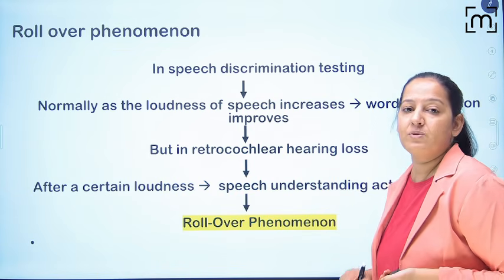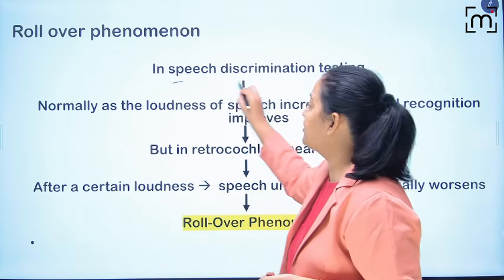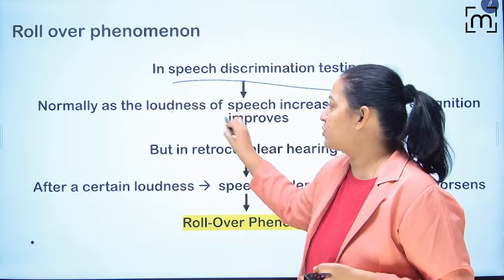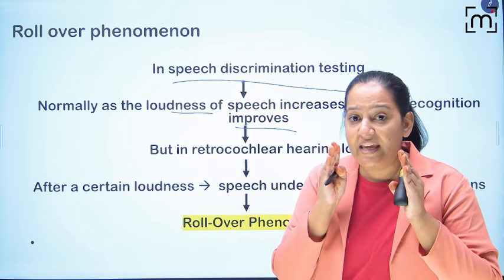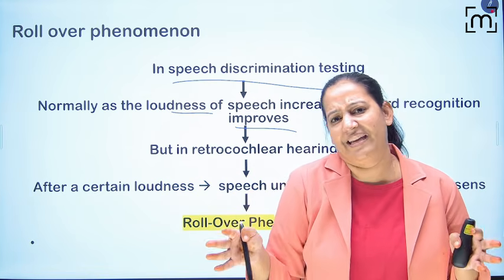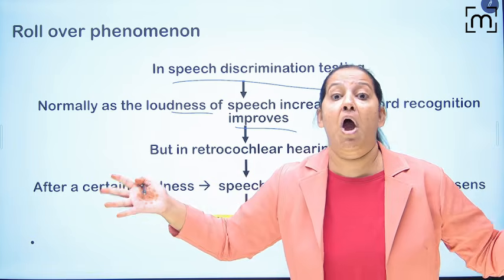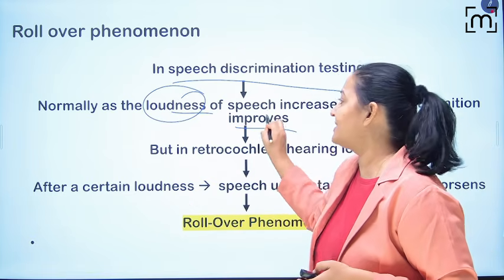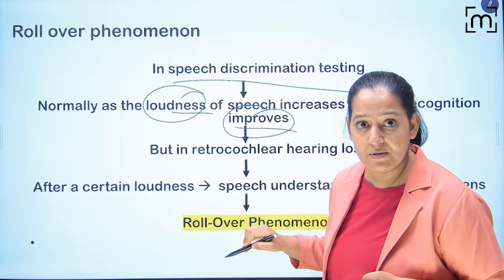First, understand what the rollover phenomenon is. In the speech discrimination test, normally, if you increase the loudness, the score will improve, no? If I say cat, bat, mat, there is a chance you hear 80, 90 out of the 100. But if I shout cat, bat, mat, 100% will be right. So on increasing the loudness, the score improves.